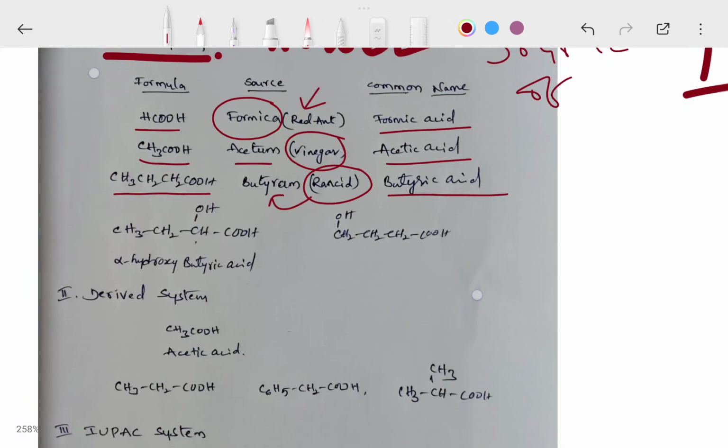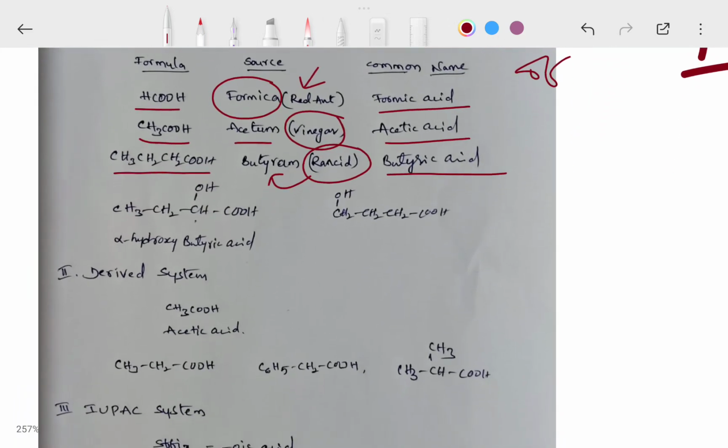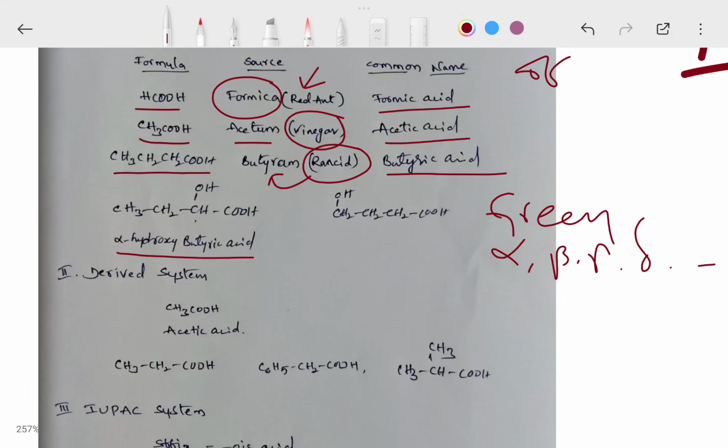Branched chain and substituted acids are named as derivatives of normal parent acids. The positions of substituents are indicated by Greek letters like alpha, beta, gamma, delta, epsilon, and so on. For example, alpha hydroxybutyric acid. Here is the COOH group. The first carbon is alpha carbon, then beta, then gamma.